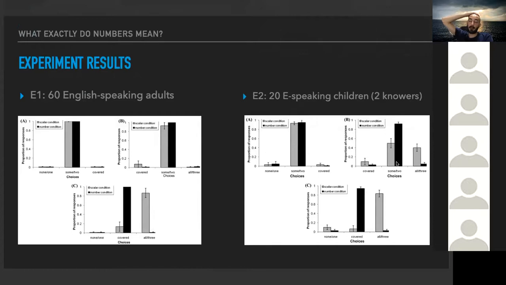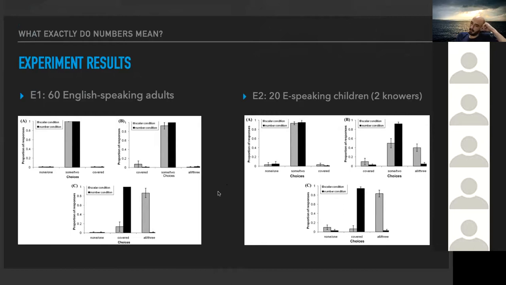So can we draw some interim conclusions from these results? Well, we are a bit indecisive. It's not 100% sure yet, but in this case, it strongly indicates that numbers do have exact semantics.